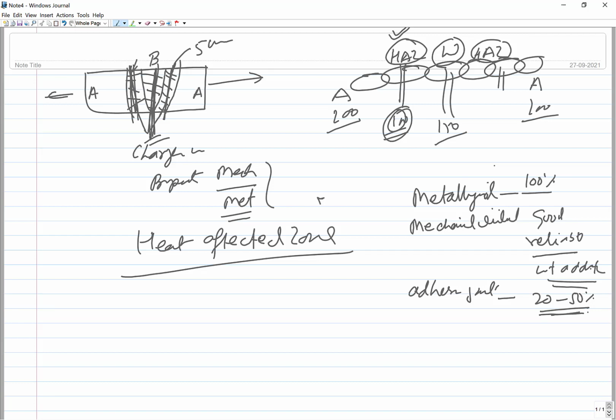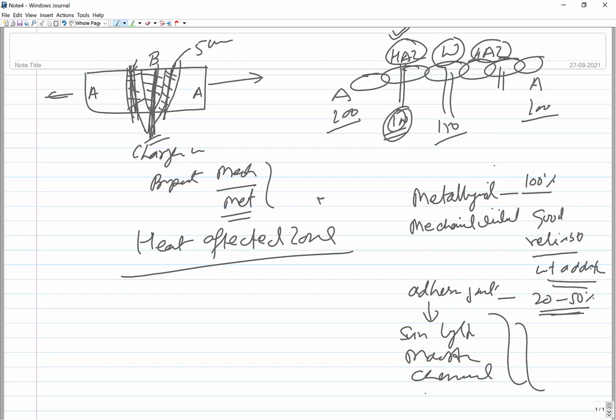And another issue related with these joints is what? They degrade very easily. Under sunlight they will degrade, under moisture they will degrade, or under the effect of chemicals they will degrade. So the problem is you cannot use these joints at a number of places.